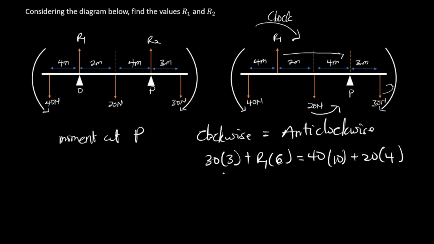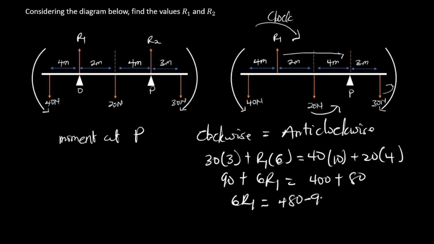So from here we could see that 30 by 3 becomes 90, plus 6R1 is equal to 400 plus 80. So we have 6R1 equal to 480 minus 90. So we have 6R1 equal to 390.